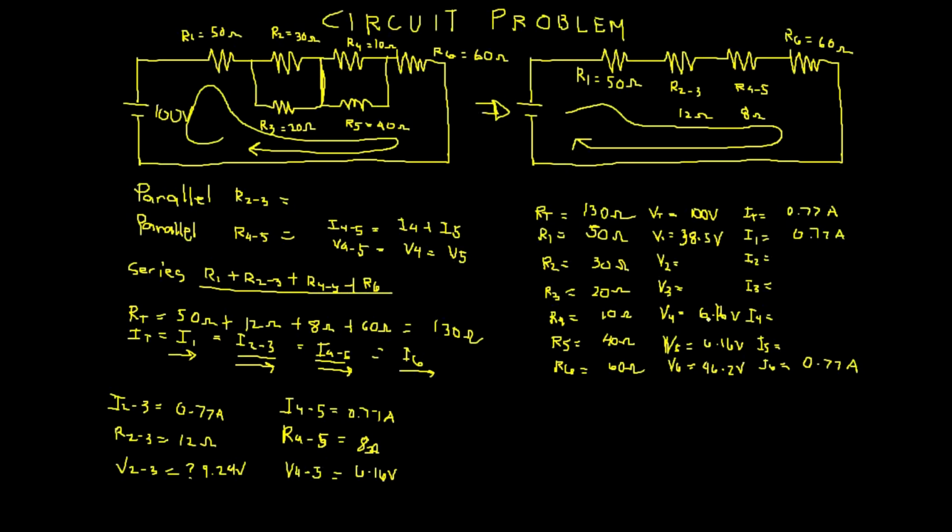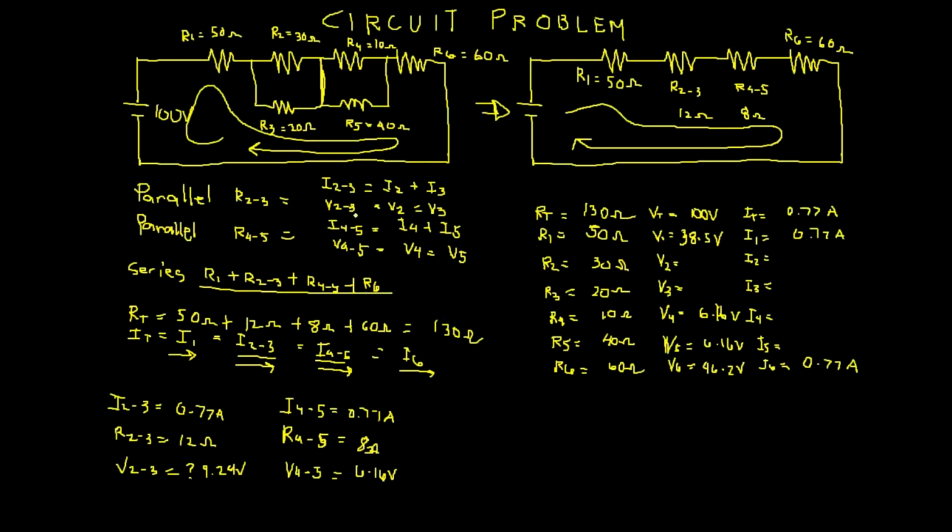So, pero bago yun, tapusin na natin itong R2. Isama na natin itong I2-3. So ganun din yan kasi parallel yan. So I2-3. So again, may pinanggalingan, yung 2 at 3 ay parallel. So since parallel yan, yung current is mag-a-add. So I2 plus I3. Now sa voltage naman, parallel, so equal si voltage 2 at equal si voltage 3.